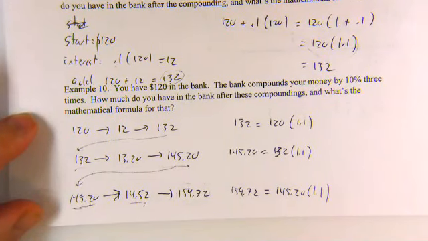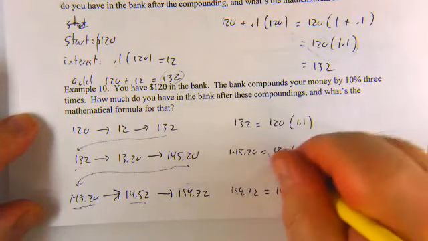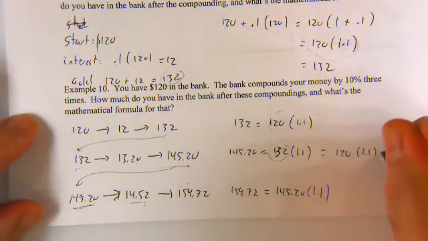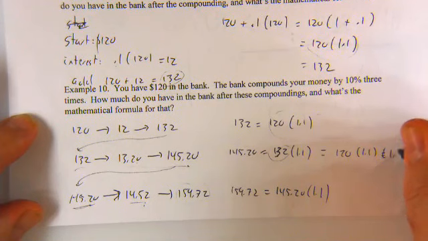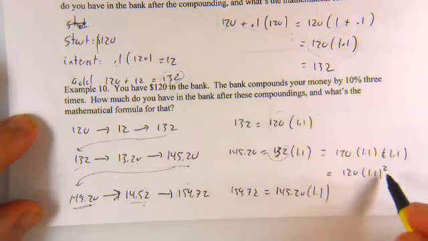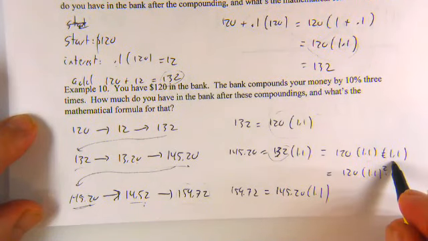So we can backfill a little bit. 132, that's this. Doing interest twice means you multiply by 1.1 twice.